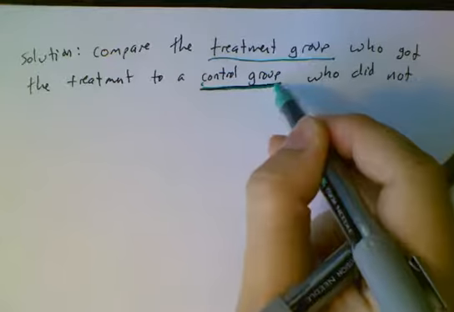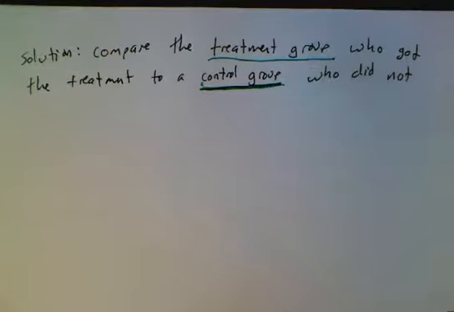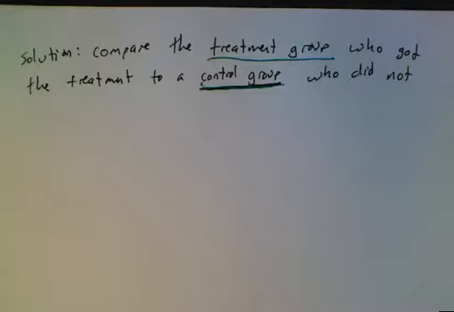That's a good vocab word, control group, right there. And so, for example, maybe we could make half of the advisories read and half of them not read, and then compare which group grew more in their SRI scores. The key with this is if the treatment group and the control group are the same, except for this one thing that's different about them, then that thing that's different must be what caused the differences that we measure at the end.